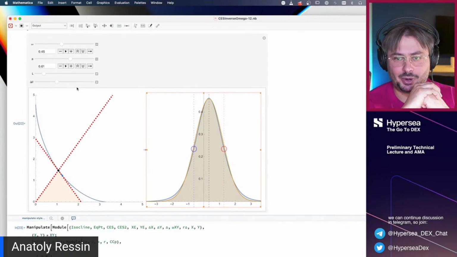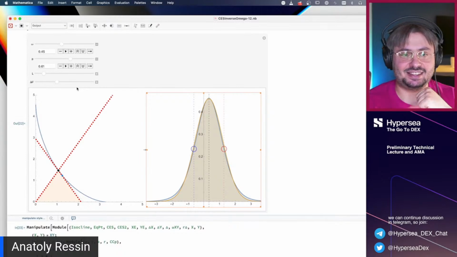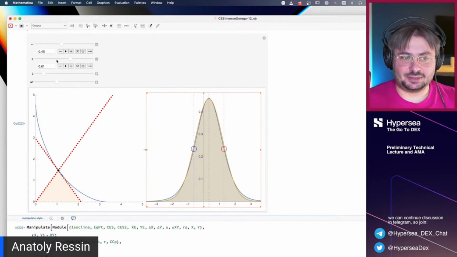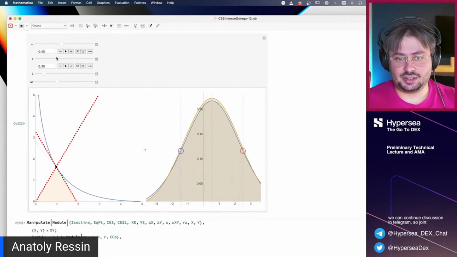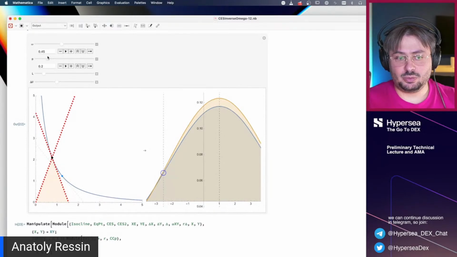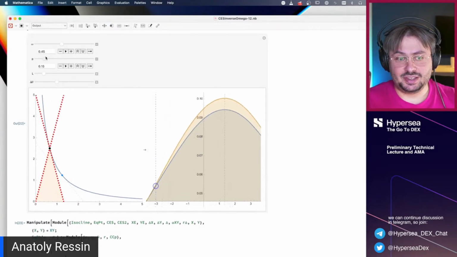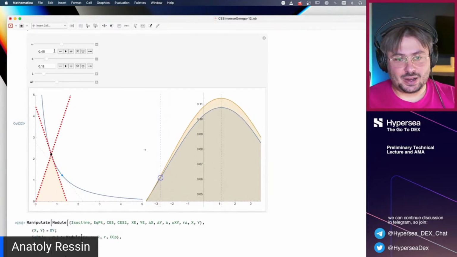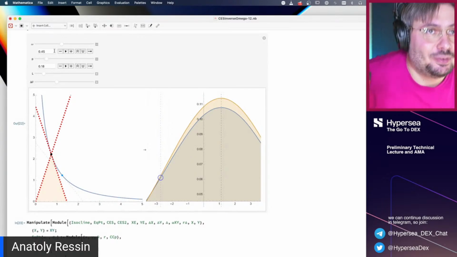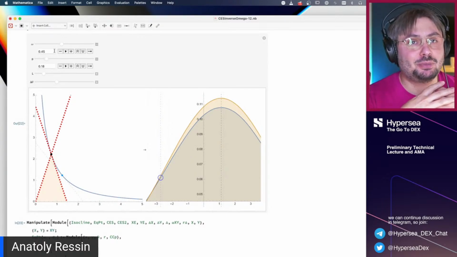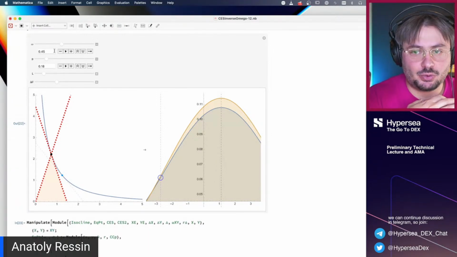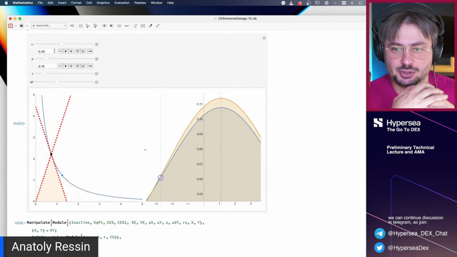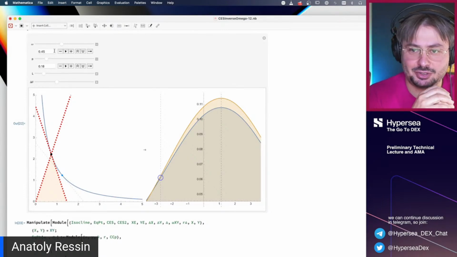But in our case, we just deconcentrate the liquidity. And when we are deconcentrating the liquidity, it means that we are automatically removing the chances for the assets to be oversold or overbought by traders.